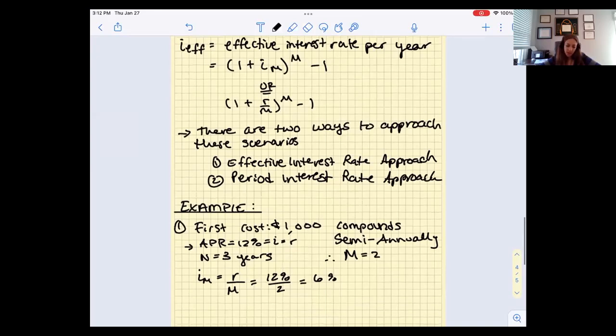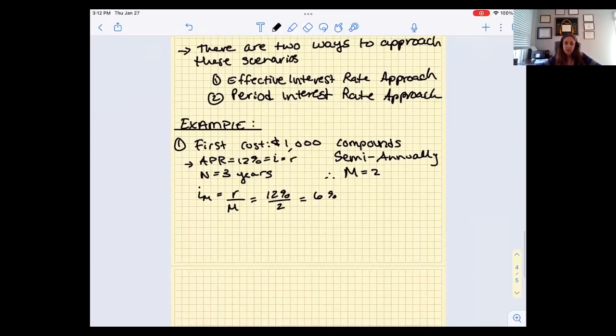Then I can use that to say effectively what's my real annual interest rate. Remember, that is calculated by 1 plus R over M to the M minus 1, or you could look at it as 1 plus I sub M to the M minus 1.